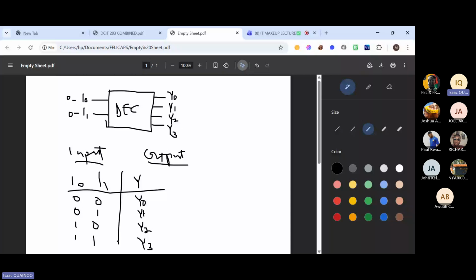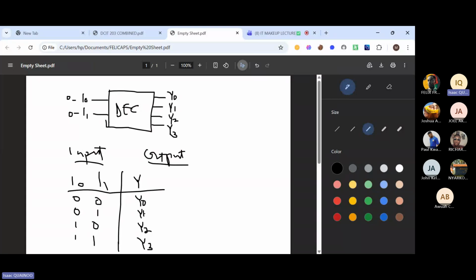So you can see that this resembles our multiplexers and demultiplexers in terms of truth table. Just that with multiplexers and demultiplexers, you cannot determine the Boolean expression without bringing in your selectors. Selectors play a very important role in multiplexers and demultiplexers, but here we don't use selectors.